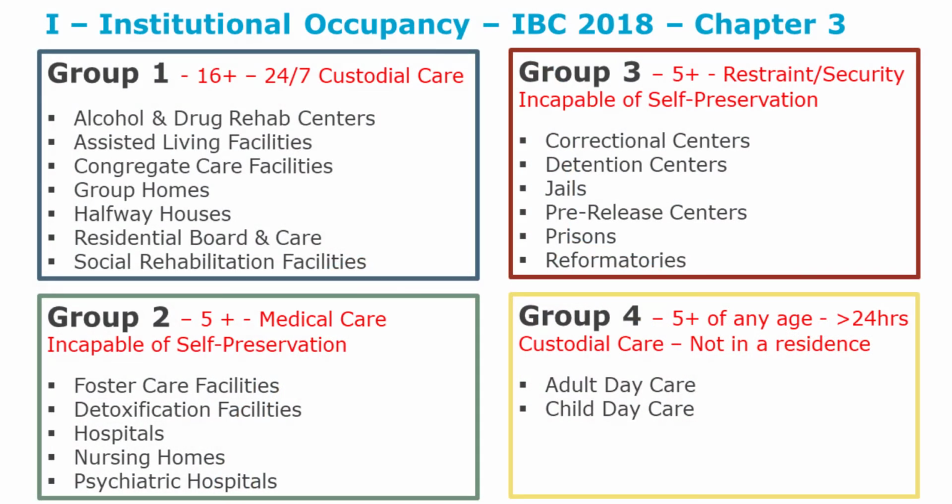You can see I've identified them oftentimes by how many people can be within that facility, 16 or more people, 5 or more people, but also their level of care, incapable of self-preservation. That is where we really have to break down into the subgroupings. And with delayed egress, we're going to break into those groups. So later on, you're going to see this slide come up time and time again.